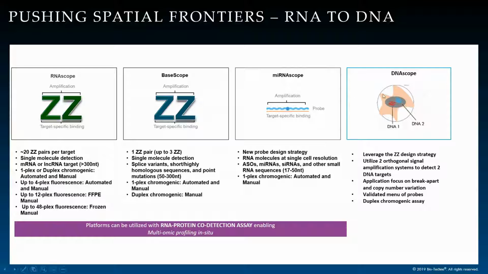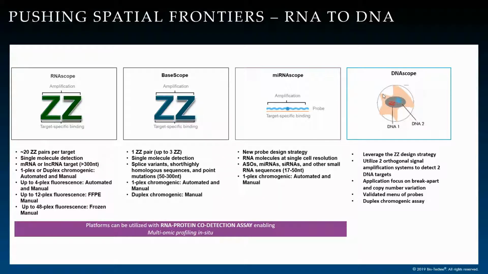And finally, we have our recently developed and launched DNAscope assay, which transfers our technology onto detecting a different biomolecule, DNA, where we can look at target genes within the genomic DNA.